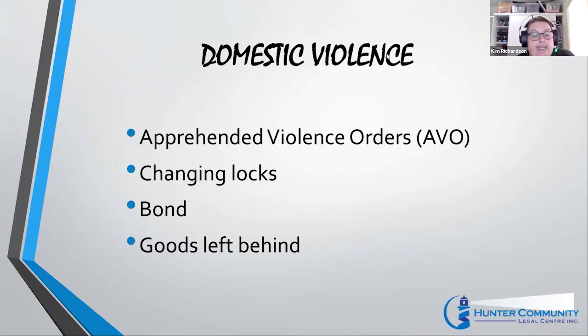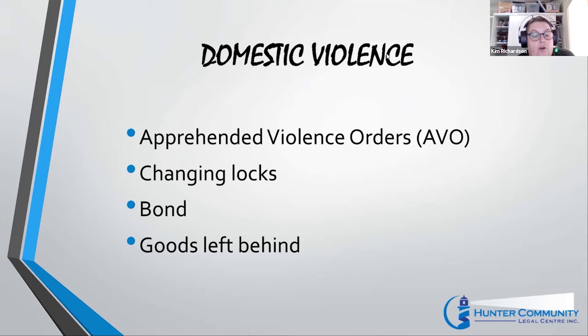In tenancy law, it can matter whether or not the AVO is final, interim, or provisional, whether it excludes the perpetrator from the rented premises by address, and whether or not it's an APVO or an ADVO, so whether or not it's a personal violence order or a domestic violence order. Now, ordinarily, tenants cannot change the locks without the prior consent of the landlord or without a reasonable excuse.